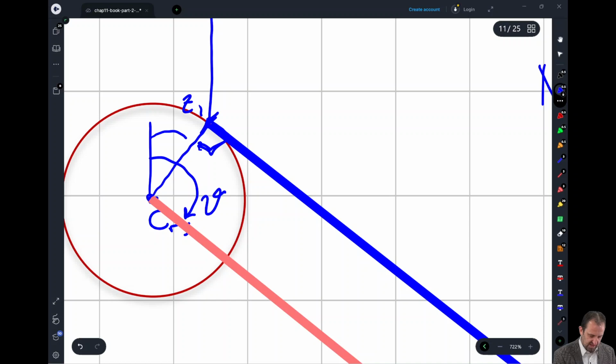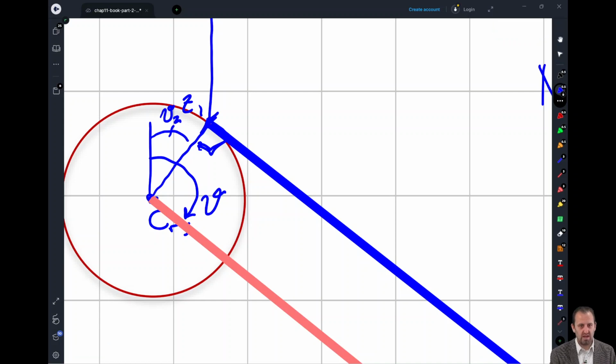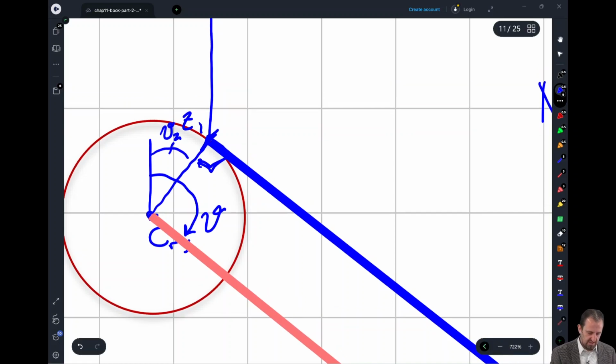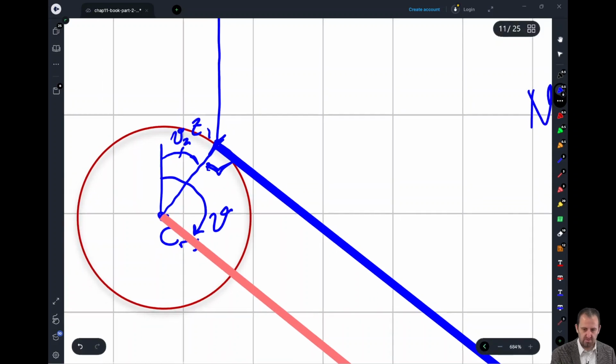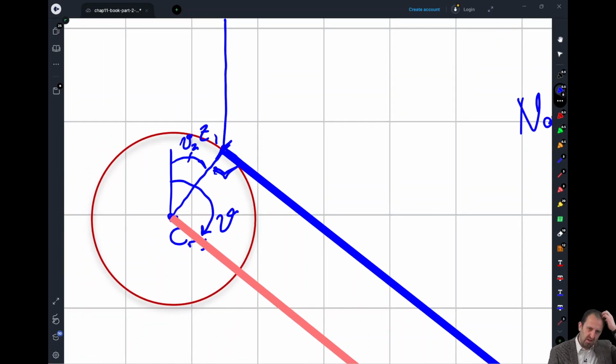We'll call this var theta 2, and we call it that because that's the angle that we have when we're leaving the circle. So var theta 2 has a nice relationship with our var theta.